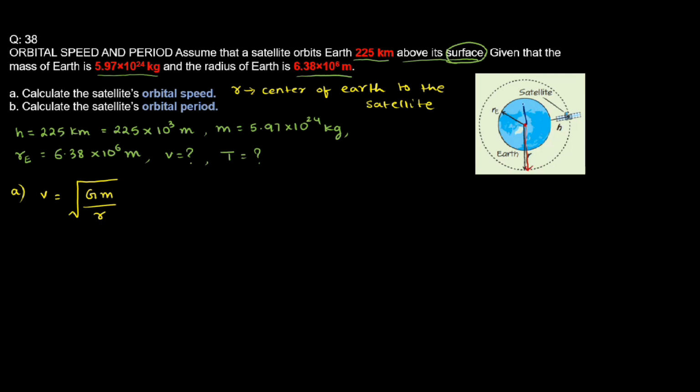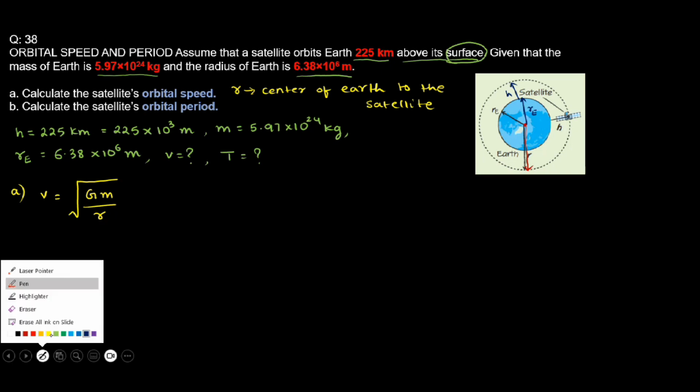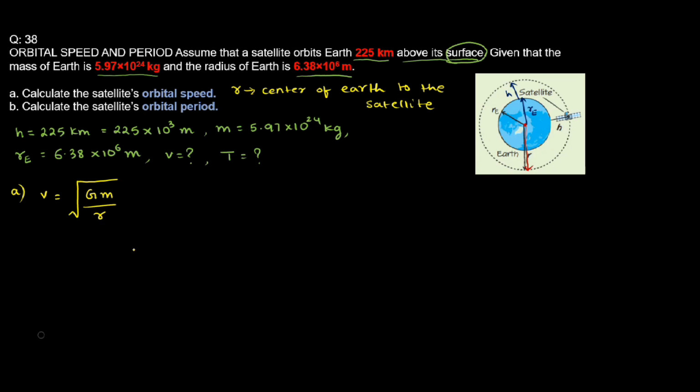Question has given me the radius of the Earth and the distance of the satellite from the surface of the Earth. I can calculate the distance of the satellite from the center of the Earth by adding these two values. So my small r will just be the addition of RE plus h.